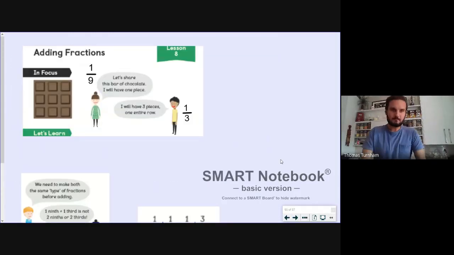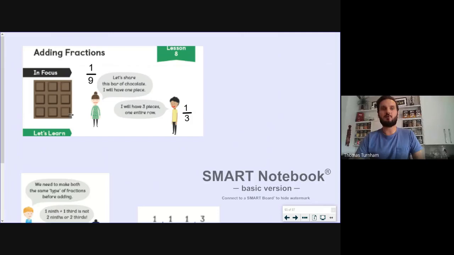So back to chocolate, everyone's favorite. Green dress says, let's share this bar of chocolate. I will have 1 piece. Now, if you look carefully, we've got our bar of chocolate made up of 1, 2, 3, 4, 5, 6, 7, 8, 9 pieces. Or we could say parts.